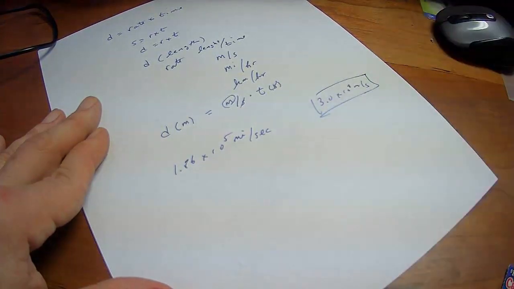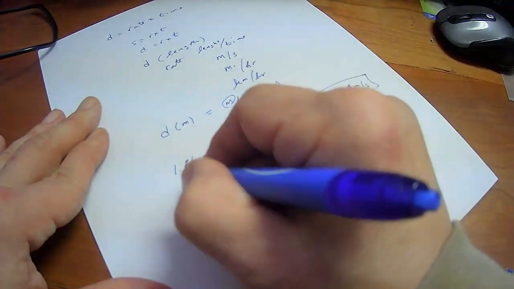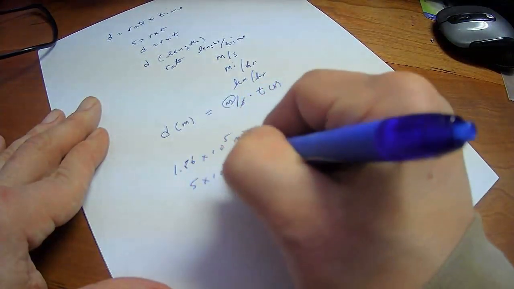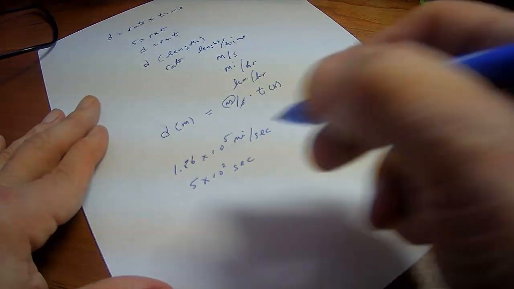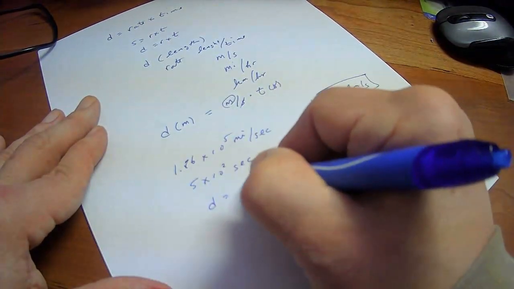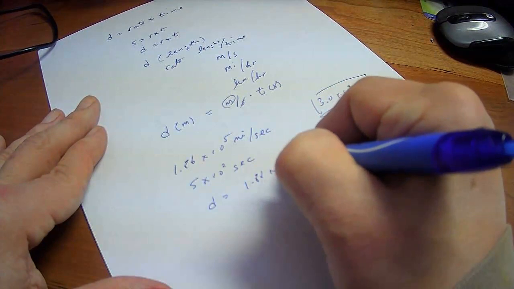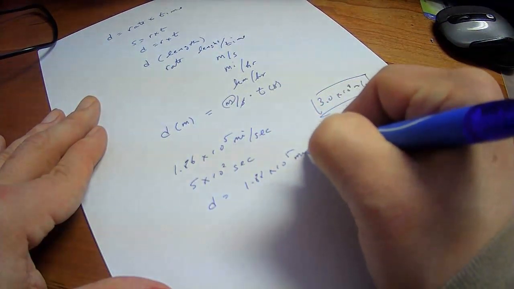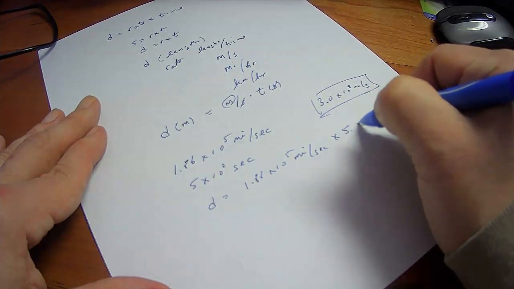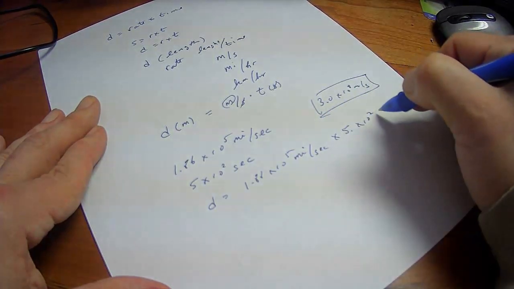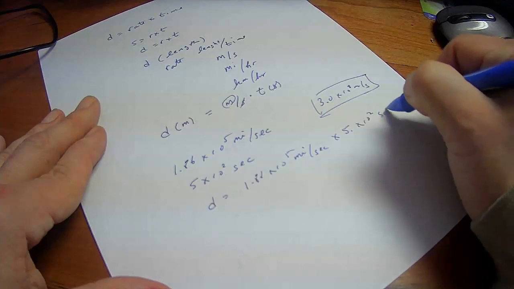And the question is, it takes light 5 times 10 to the 2 seconds to travel from the sun to the earth. What is the distance between the sun and the earth? Well, distance is rate, 1.86 times 10 to the 5 miles per second, times 5 times 10 to the 2 seconds. My seconds cancel.